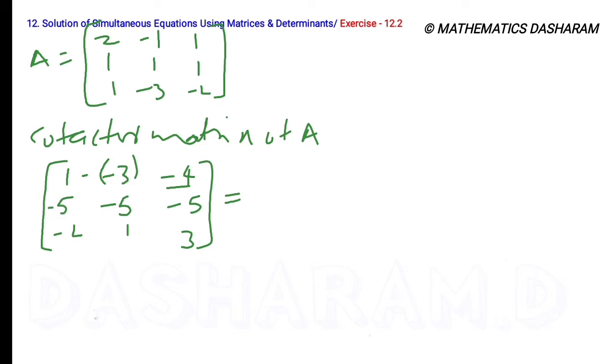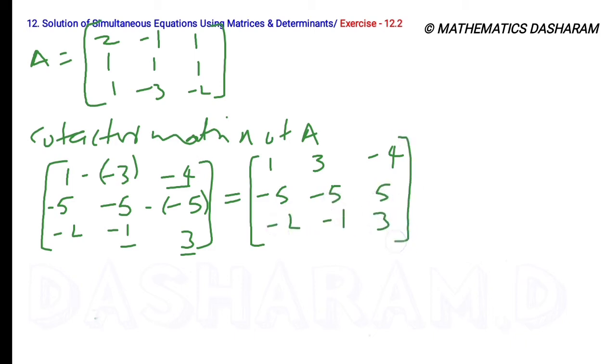Here minus will come, plus, next minus. Then minus, here plus, next minus, next plus. Let us write clearly: 1, minus of minus plus 3, minus 4, minus 5, minus 5, 5, minus 2, minus 1, 3.